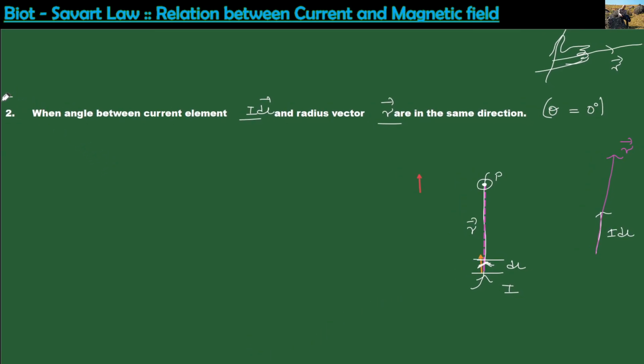In this special case number 2, dB using the scalar form is mu naught by 4 pi, IDL, sine of the angle between current element and radius vector. The angle between them will be 0 degrees if they are in the same direction. We know that sine of 0 degrees will be equal to 0, which means that when you take the point P along the same direction, the magnetic field will be equal to 0.